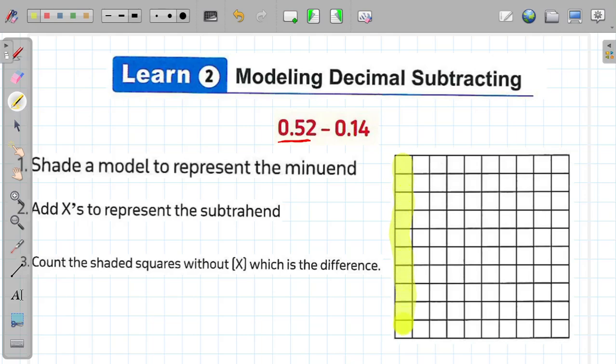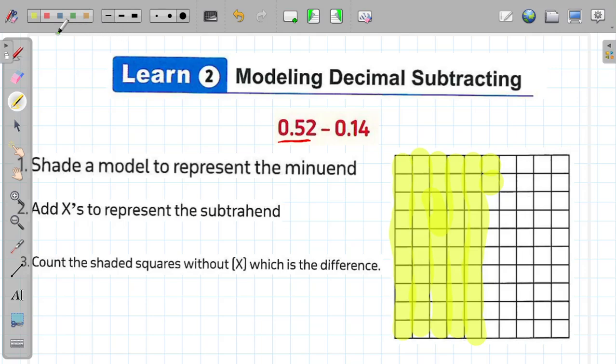I have 10, 20, 30, 40, 50, and after that I will shade 2 parts. So I have here 52 hundredths.